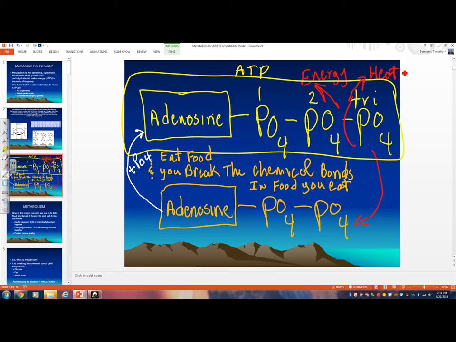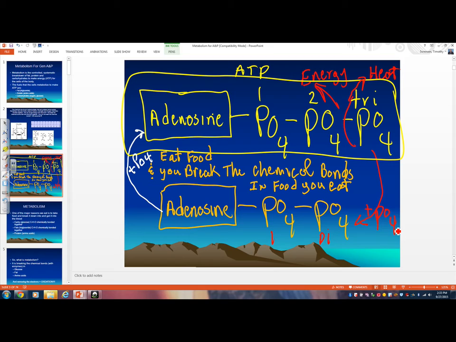Here's the key. So once you've hacked off that third phosphate, what's left over is this molecule called adenosine diphosphate, ADP. So there's two phosphates connected. And then you've got this little lonely phosphate that would really like to be connected again.